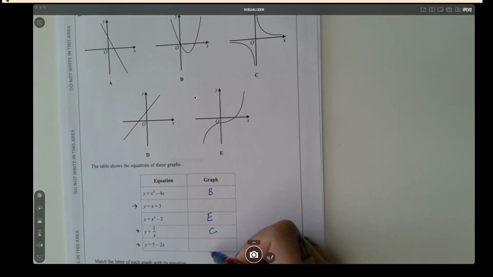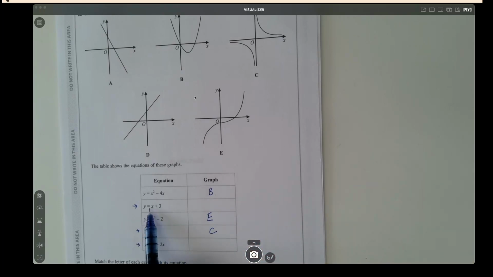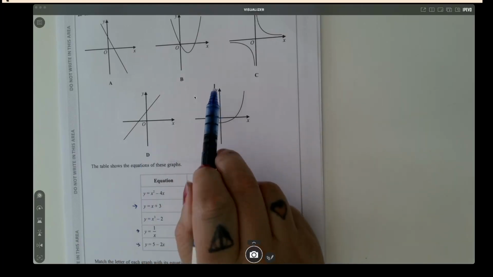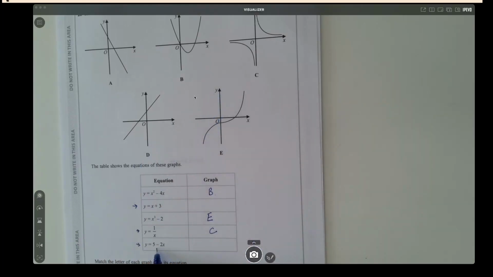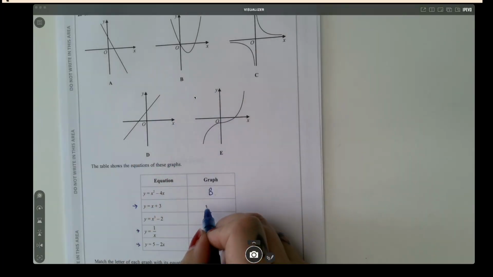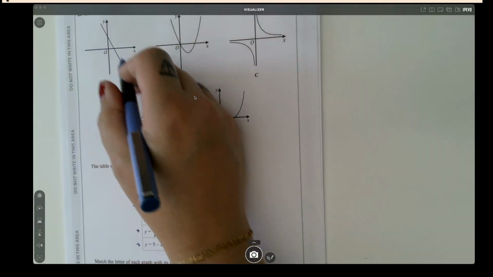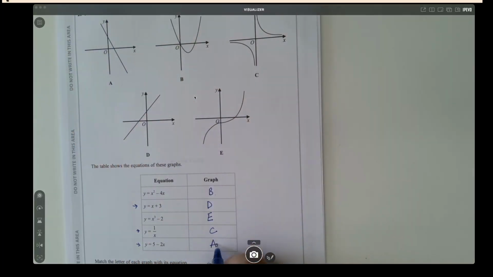So first things first. This one is a positive x. It has a positive gradient, so it must be going upwards. This has a negative x coefficient, which has a negative gradient, so it must be going downwards. So D is going upwards, so that must be this one. A is going downwards, so that must be this one.